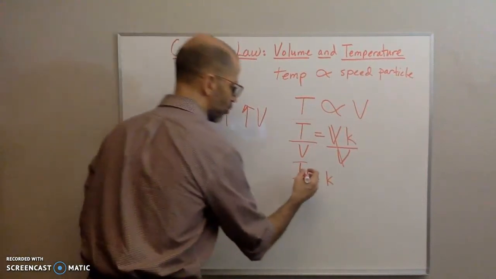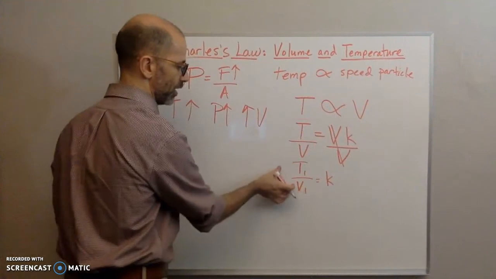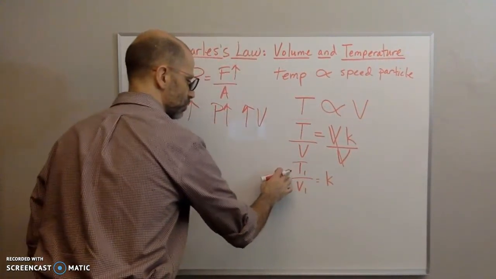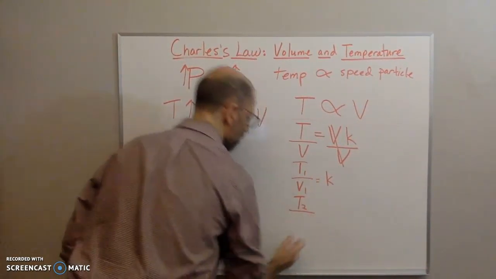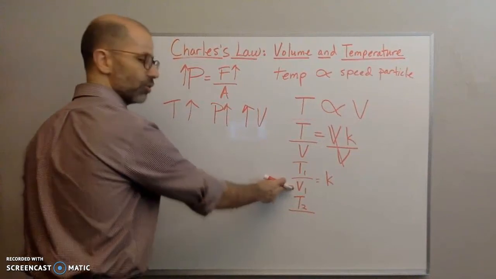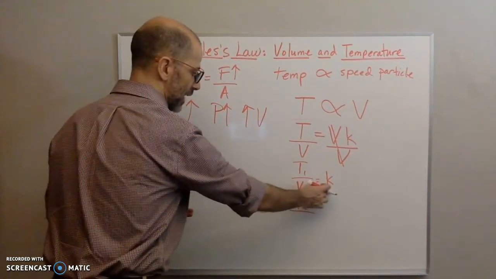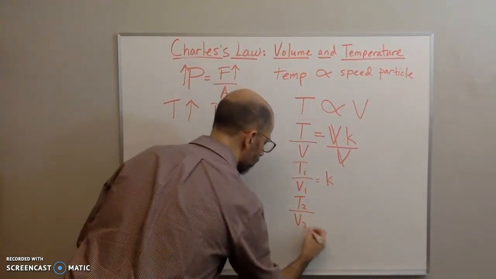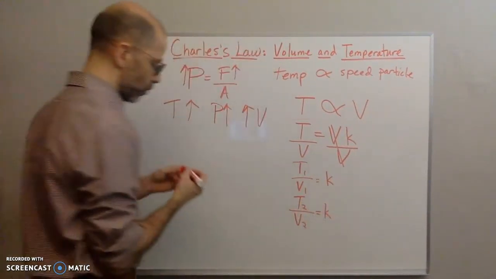I can start with some temperature T1 and some volume V1, and that's going to equal K. If I change the temperature to T2, then the volume has to change as well in order to keep K the same. So I'm going to end up changing the volume to some volume V2.